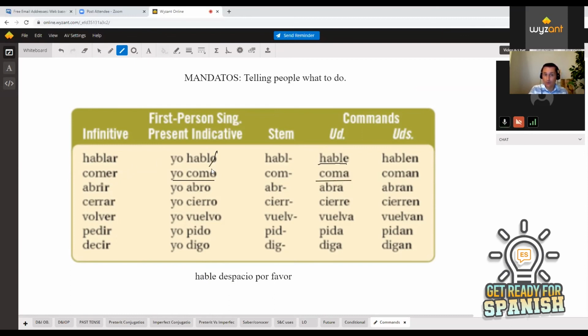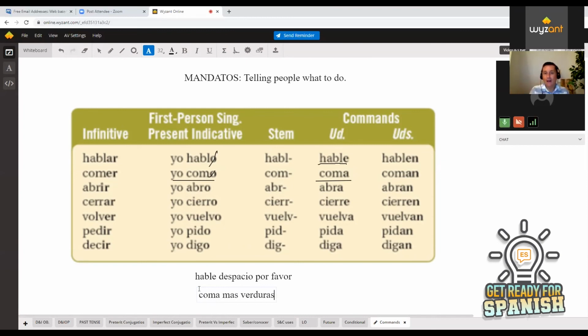Again, we go to the yo form, we remove the O, and since comer is an ER verb, we do the switcheroo: E goes to A. So the doctor will tell us, coma más verduras. Eat more vegetables.